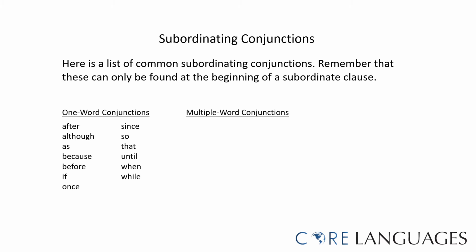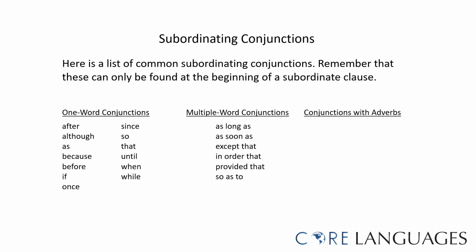There are also multiple word conjunctions. For example, as long as, as soon as, except that, in order that, provided that, so as to. And there are also conjunctions with adverbs. For example, ever since, just as, just when, only if, right before, simply because.